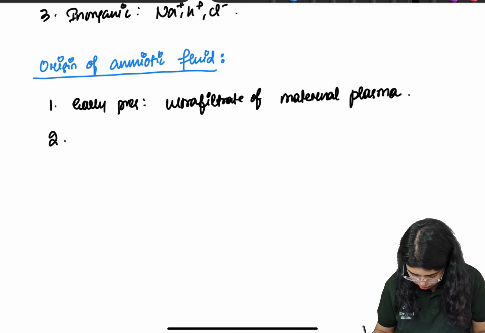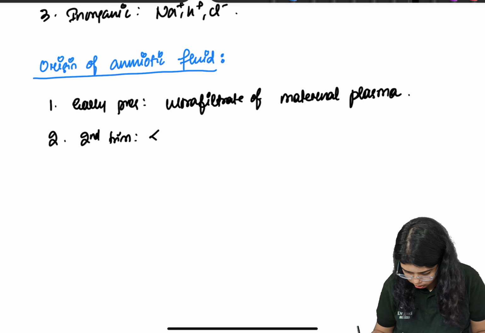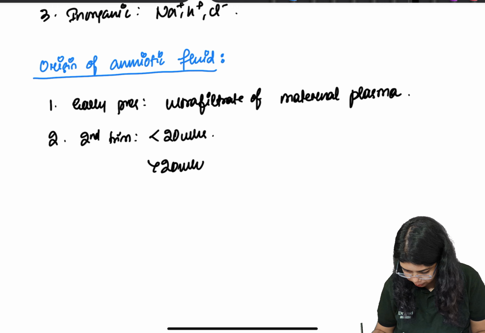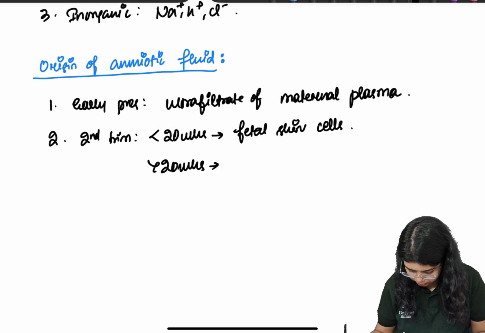Then in the beginning of the second trimester, less than 20 weeks and more than 20 weeks, it is because of desquamated fetal skin cells.